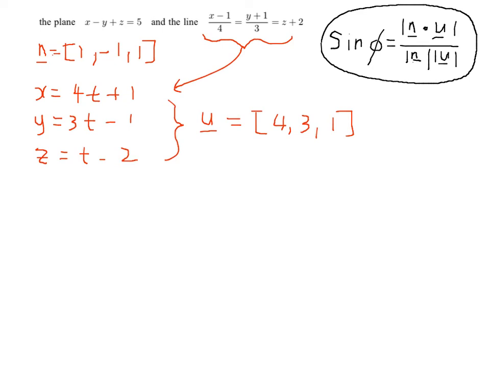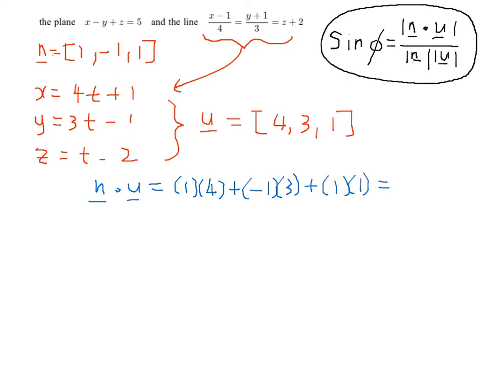And so for us to just use this formula, first we want to find n dot u, which will be 1 times 4, and -1 times 3, and finally 1 times 1. And that outcome should be 2, and the magnitude of n is surd 3, and the magnitude of u would be surd 26.